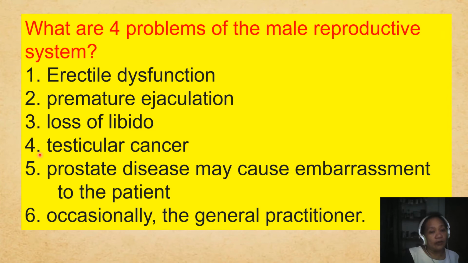Number 4, testicular cancer. Your testis is not normal, it is getting big or painful. That is testicular cancer. Number 5, prostate disease may cause embarrassment to the patient.